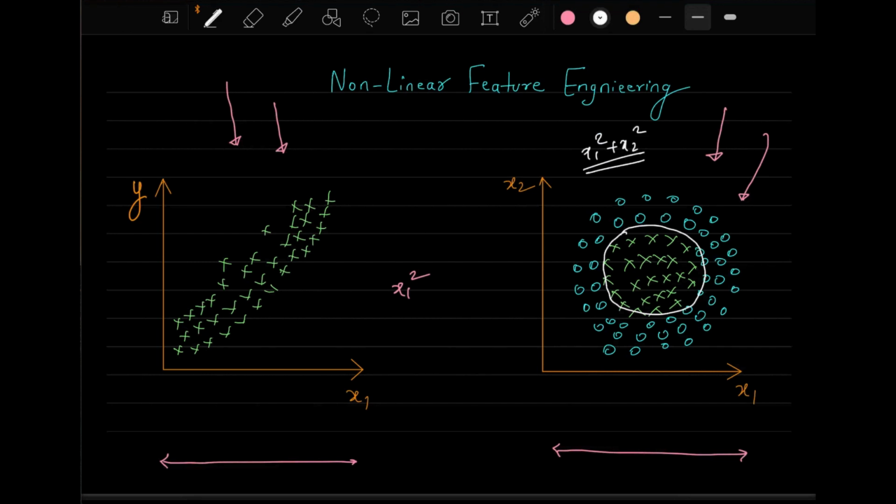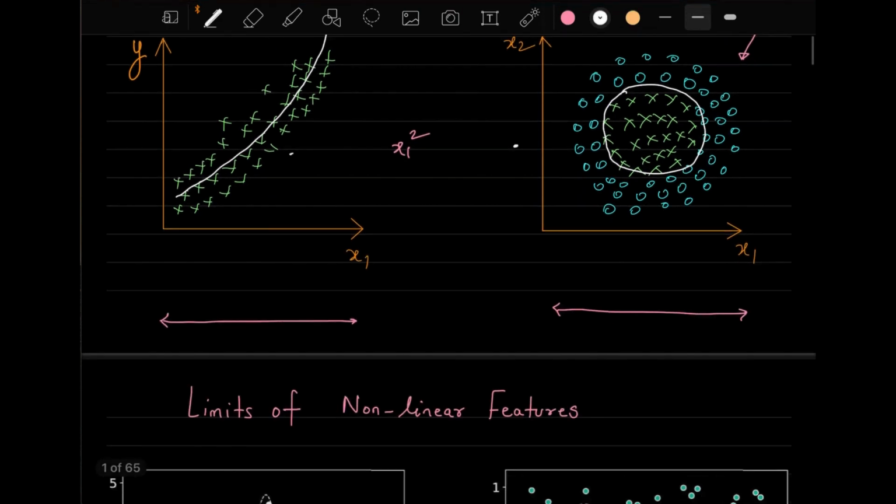For this particular regression example it will be y equal to x square. So this is easy for simpler data sets. As you can see, these are very simple data sets, and because of their simplicity, it's very easy to come up with features that can easily fit them.